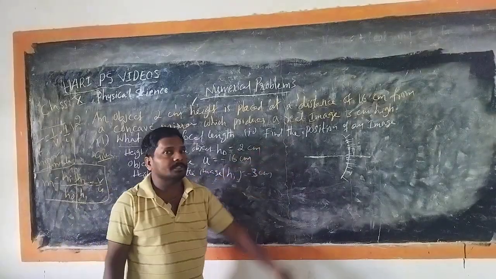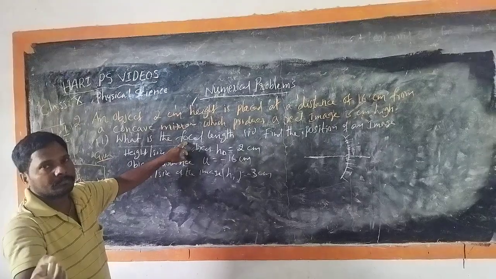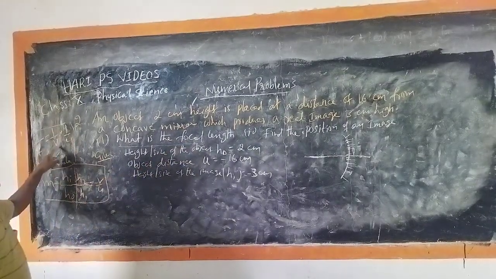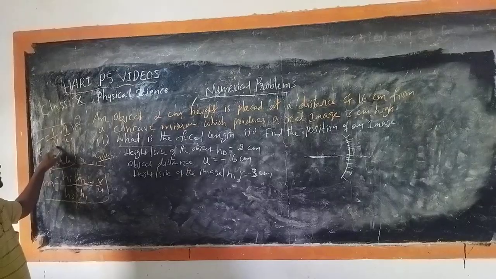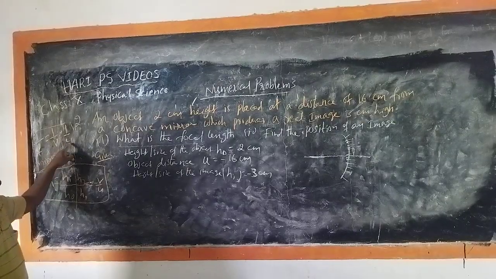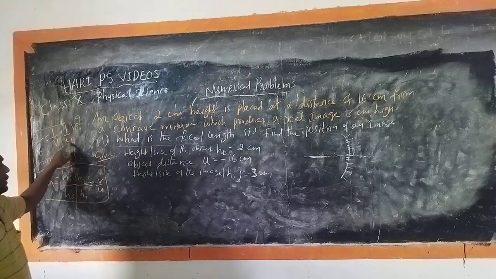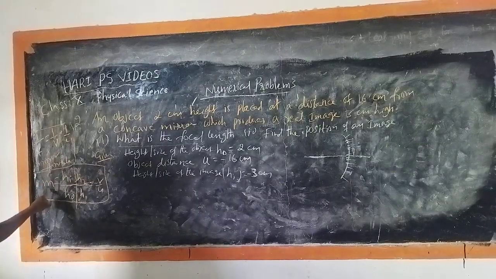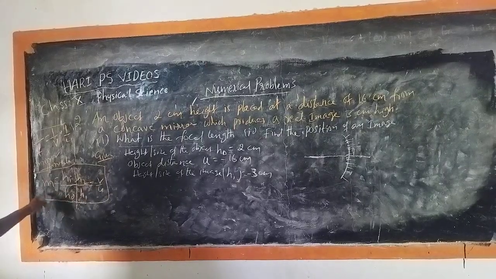And find the position. To find the focal length we require the object distance and image distance, but only the object distance is there, so we cannot use that formula directly. Can we find the magnification? Can we find the image distance? Yes.